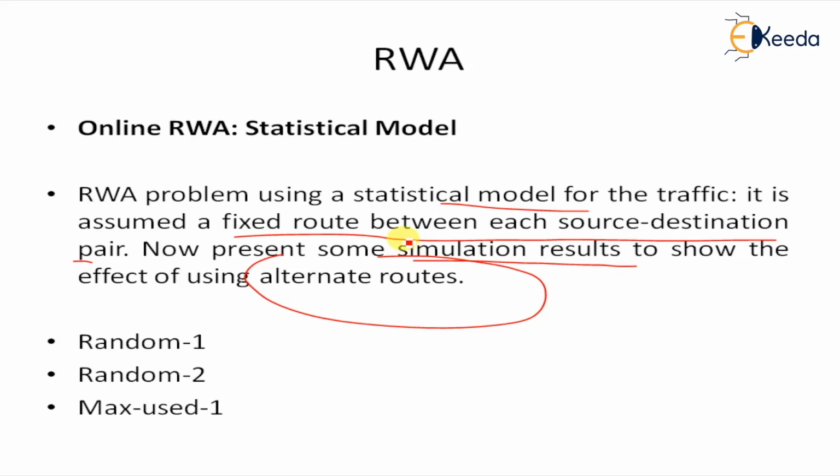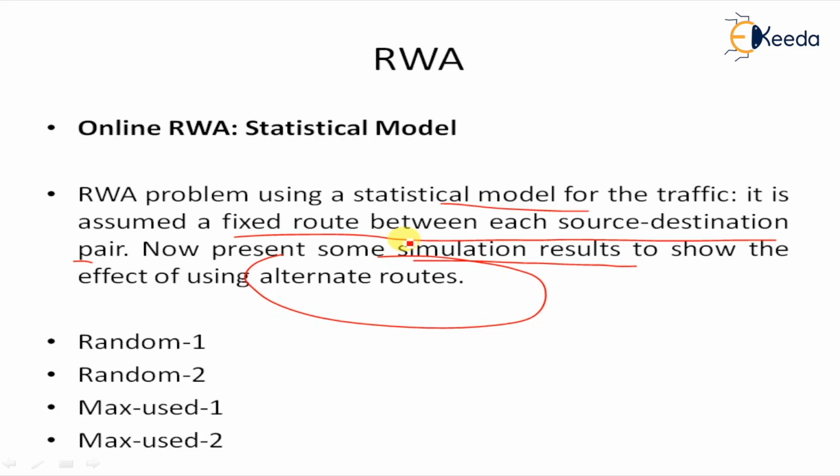Next one is Max Used 1. In this case, for a light path request between two nodes, among the available wavelengths on the fixed shortest path between the two nodes, choose the one that is used the most number of times in the network at that point in time. And the last one is Max Used 2. Fix two shortest paths between every pair of nodes.